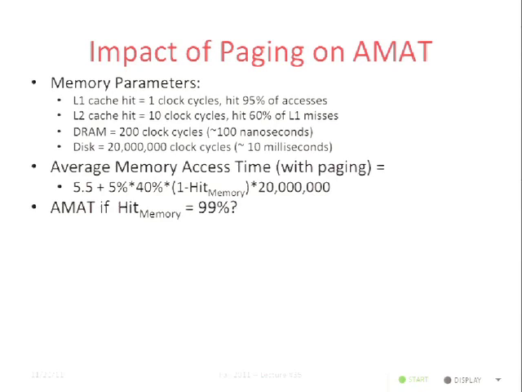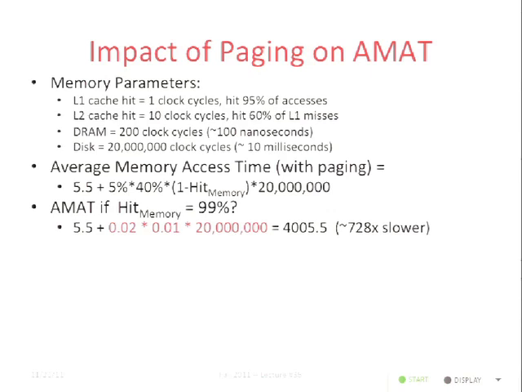Okay, what's that going to do to our AMAT? Yeah, it's going to raise it just a little bit from 5 to 4,000. Okay, so all of a sudden, with a 1% miss rate in physical memory, we're running 728 times slower than we were running if everything fit in memory.